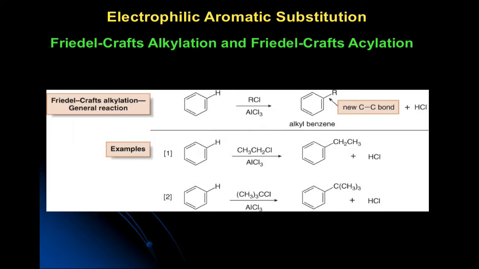So how does that work? How would you draw the mechanism? How would you draw it, Amber? Yeah, you do. Let's say we've got isopropyl chloride and aluminum trichloride. How would we draw the mechanism?